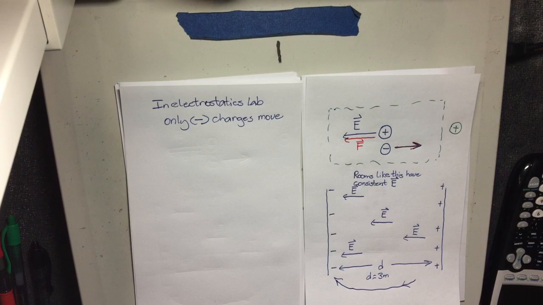Positive charges do not move in the electrostatics lab. Yes, little bits of fluff off the rabbit fur do move, and yes, they do contain positive charges. But in terms of the effects that you're studying, it's the negative charge that's actually doing the moving.